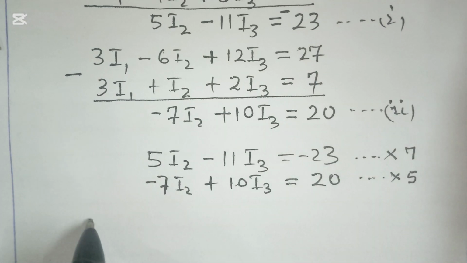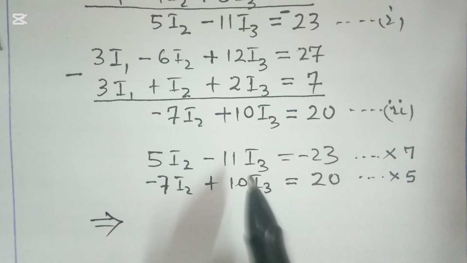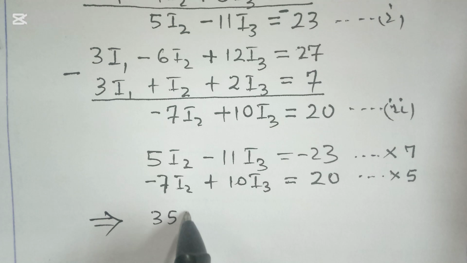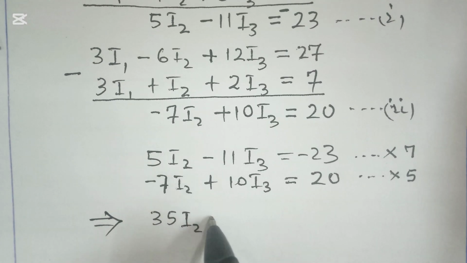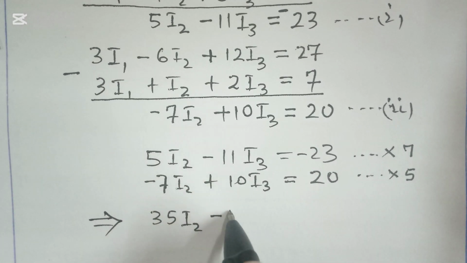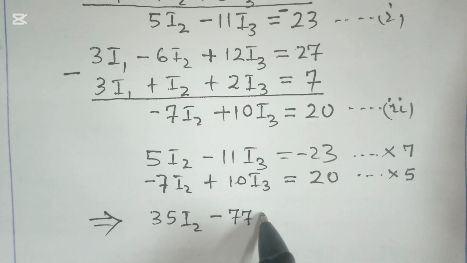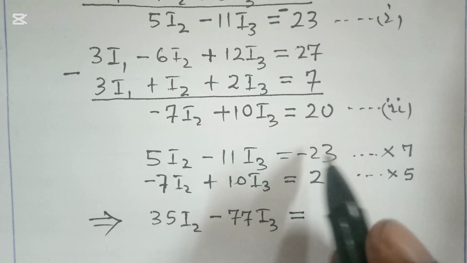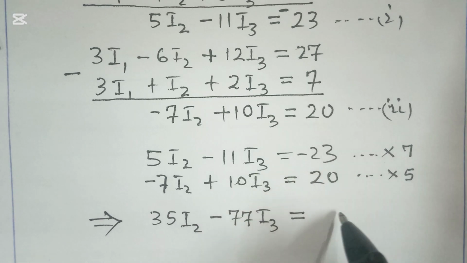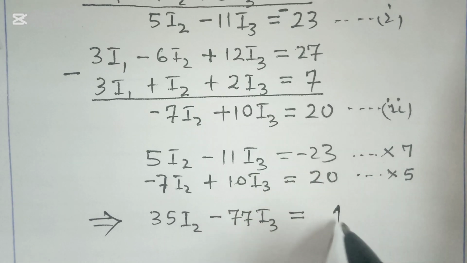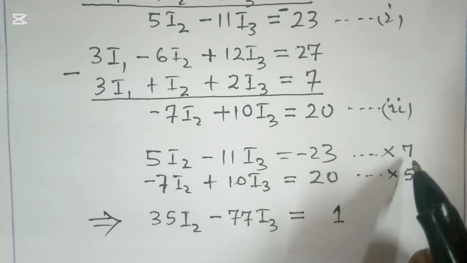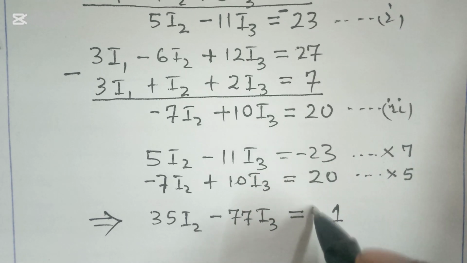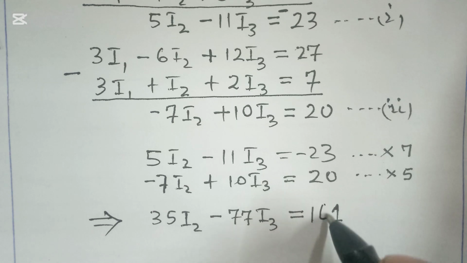So for that, we shall have 7 times 5 is 35 I2, minus 7 times 11 is 77 I3, and then we have 7 multiplied by 23, that is, you get 161.